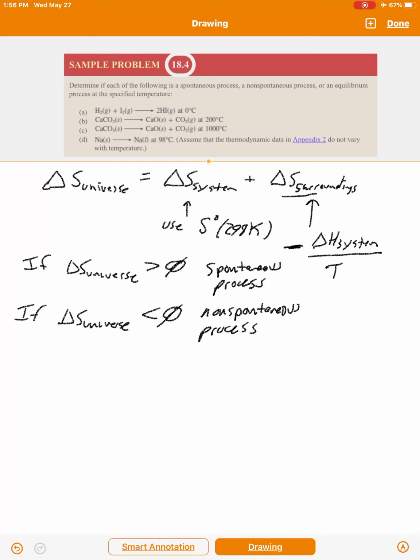So we need to look these values up, and you'll see that for each of these problems, the temperature is given. And just to make it a little more involved, the author of this problem has decided to make the temperature different for each of these calculations. So that's the idea behind it.